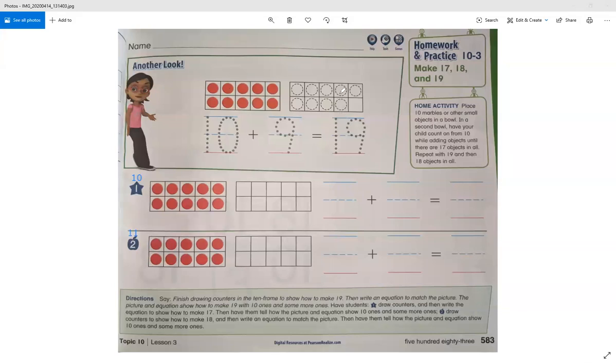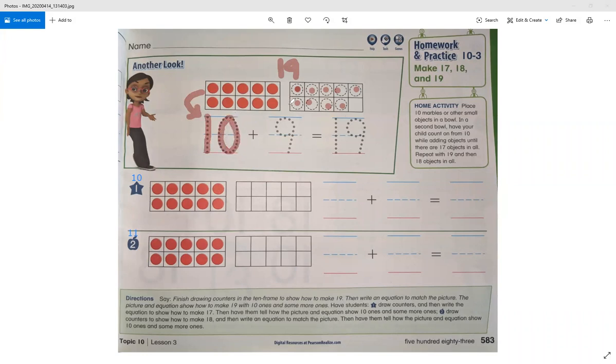So to show 19, you know that you have 10 already, and for 19, you just needed 9 more, right? So that's why they have 1, 2, 3, 4, 5, 6, 7, 8, 9. And then they plugged in the numbers. They know that those dots mean that there's 10 right here.